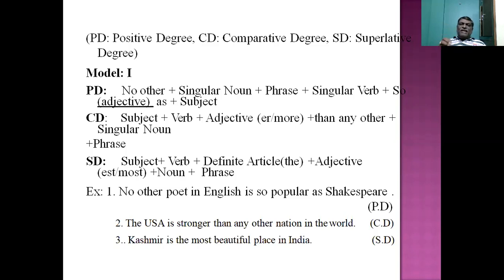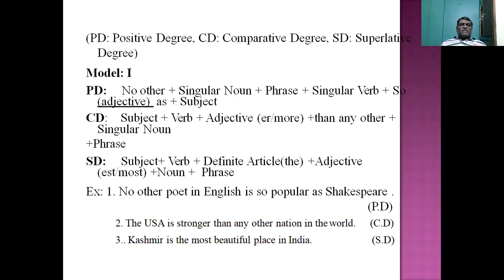No other place is so beautiful as Kashmir in India, or no other place in India is so beautiful as Kashmir. So "no other" in the positive, "any other" in the comparative, and in the superlative, the most, the best, the highest of all, like that you can say.